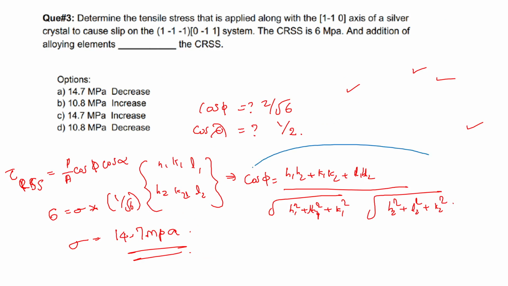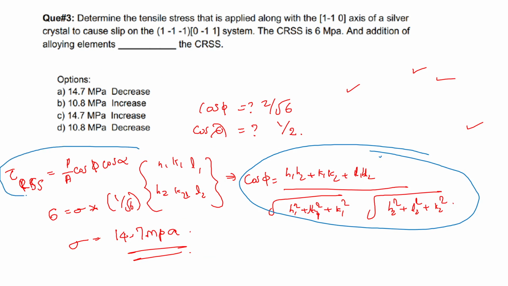And the cos phi formula, it is a little lengthy but you need to remember it. And tau RSS value also.